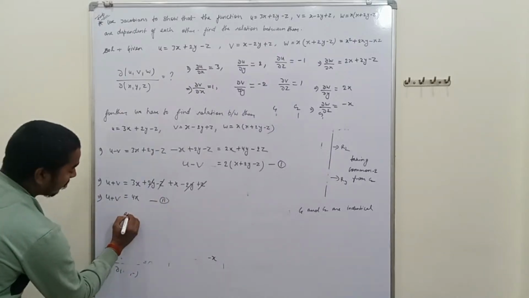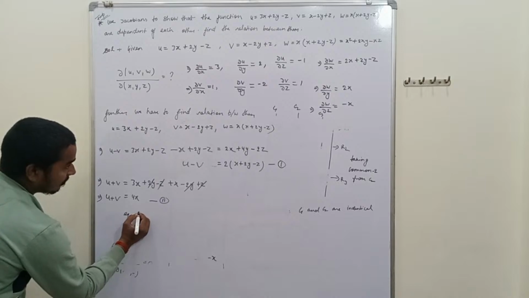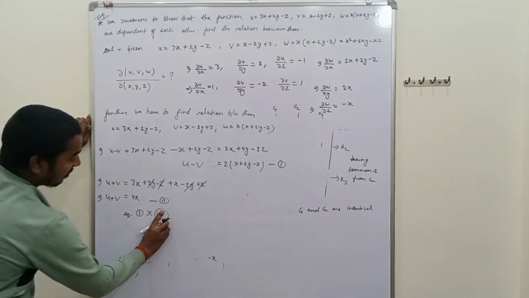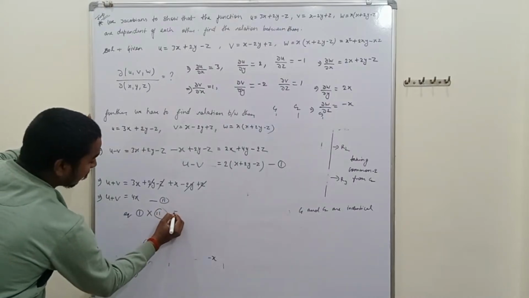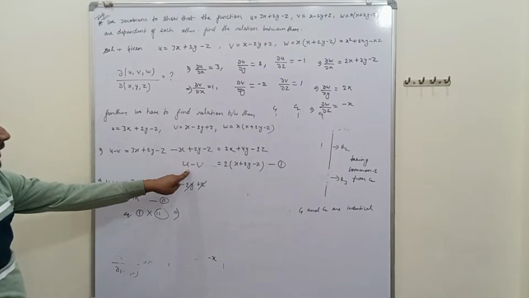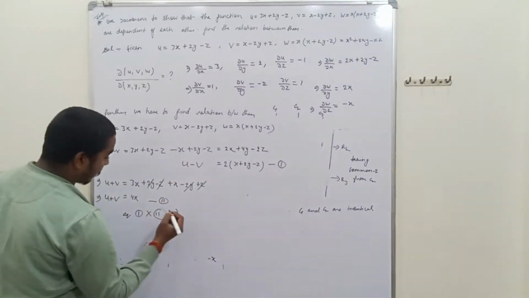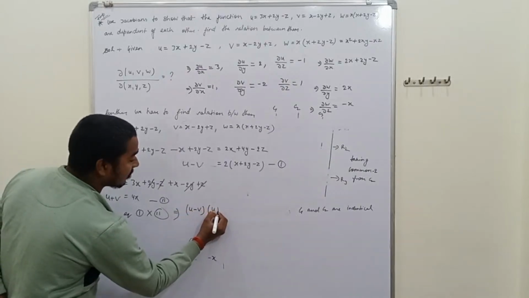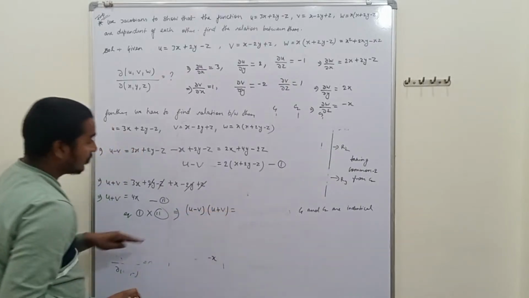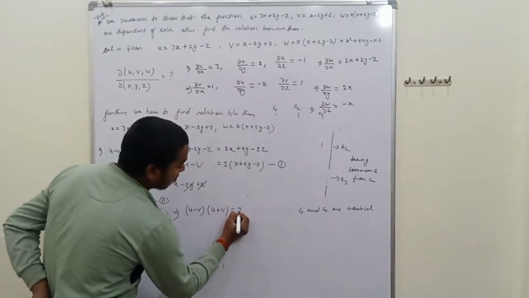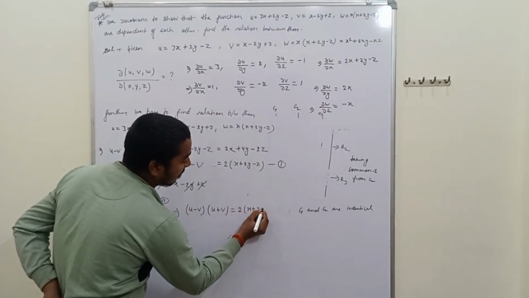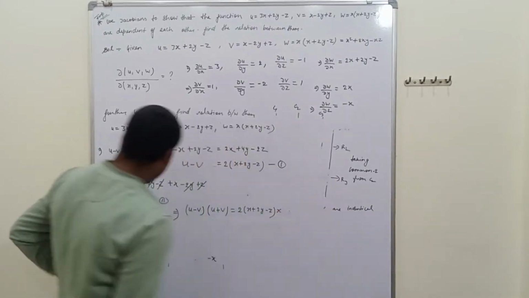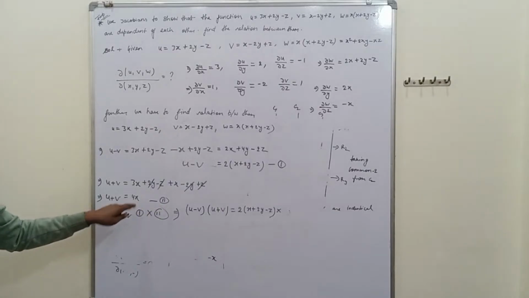Multiplying equation first by equation second, left hand side to left hand side and right hand side to right hand side, that is u minus v and u plus v is equal to 2 times x plus 2y minus z into 4x.